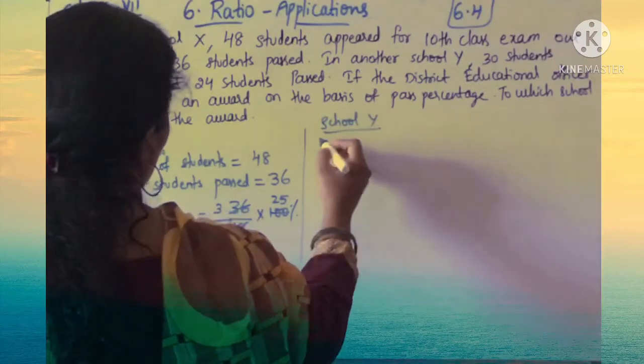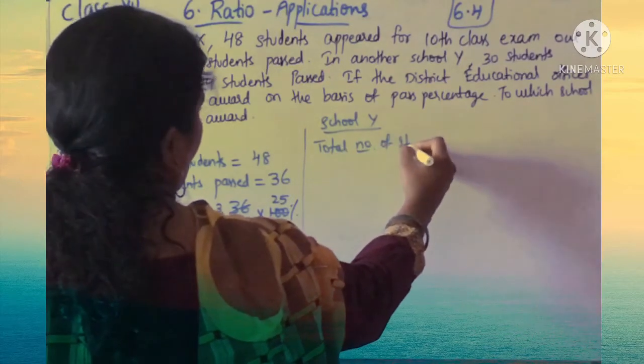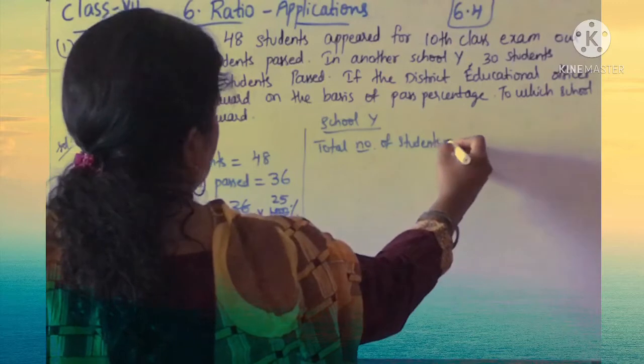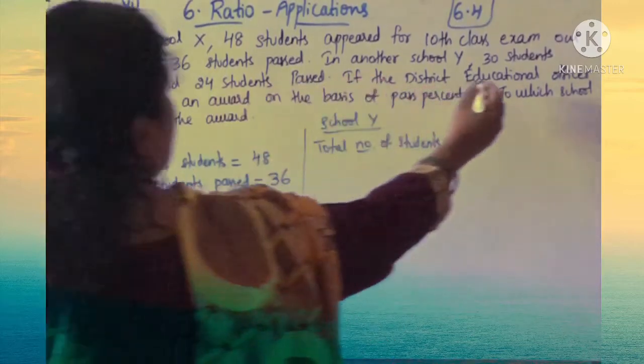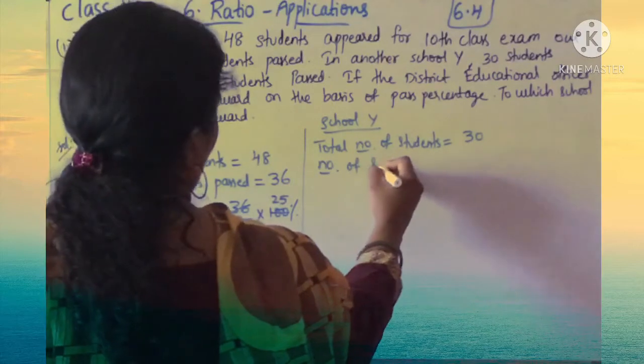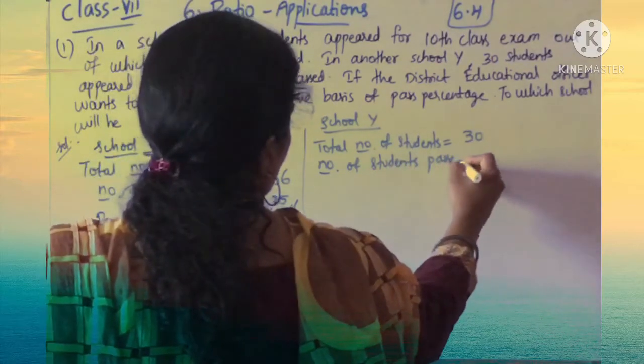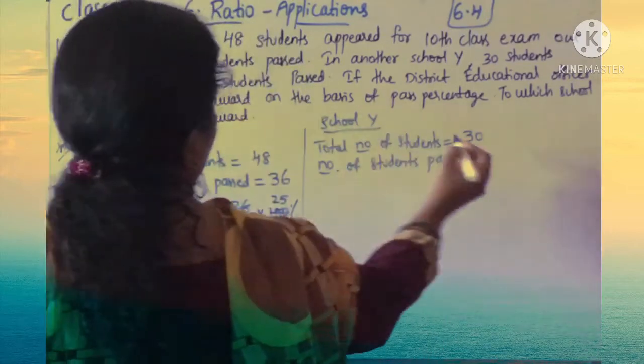So coming to school Y, total number of students. How many total number of students in school Y? 30. Out of 30 students, how many students passed? Here 24 students.